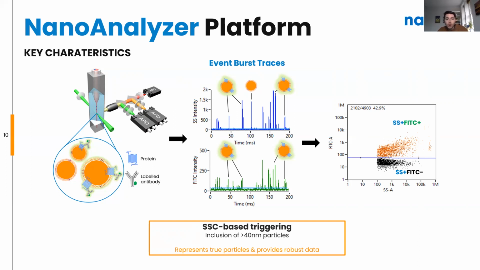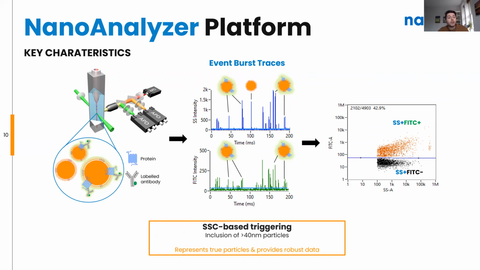So, to the dot plot, all of the particles with side scatter signal, essentially particles above 40 nanometers, are included, and separation along the y-axis allows us to identify those particles which have picked up fluorescence. Additionally, any unbound fluorescence not associated with a true particle is left entirely out of the dot plot.